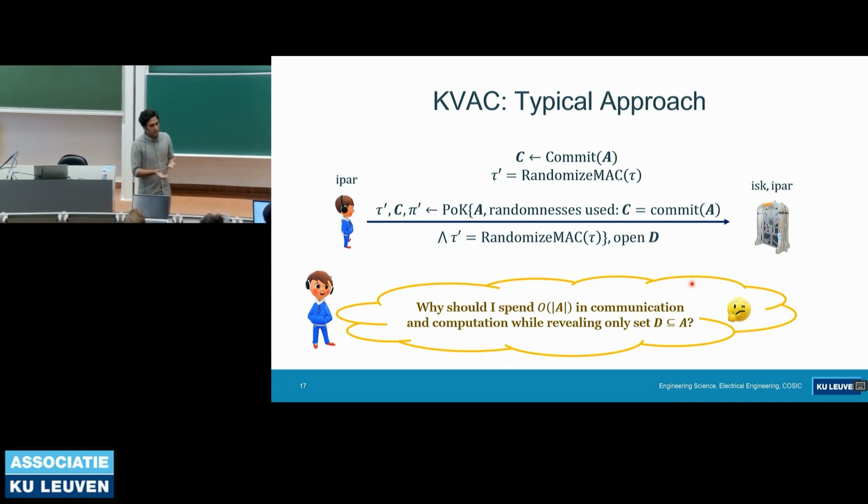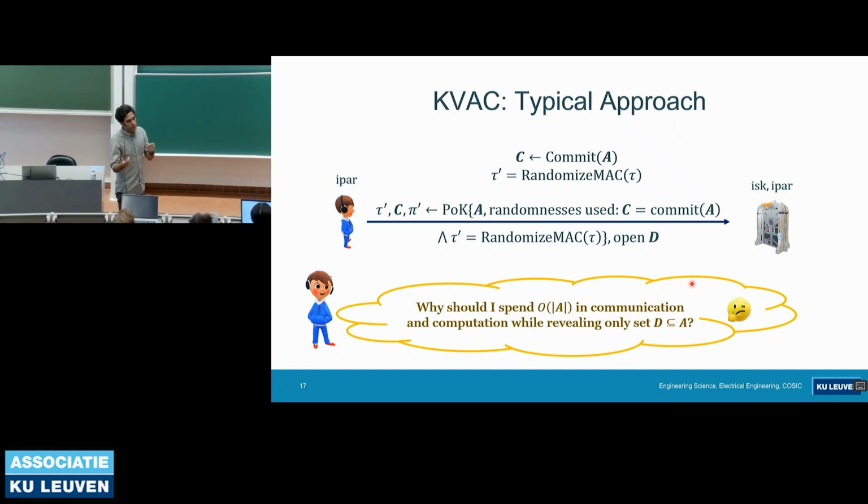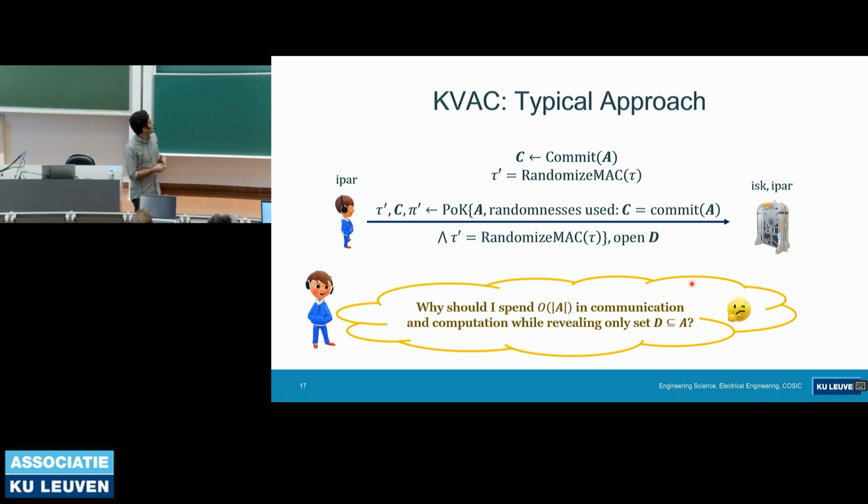There is also an opening for set D, which is the set that we want to reveal to the verifier. But there is a problem with this construction. Nick asks, why should I spend size of A in communication and computation?